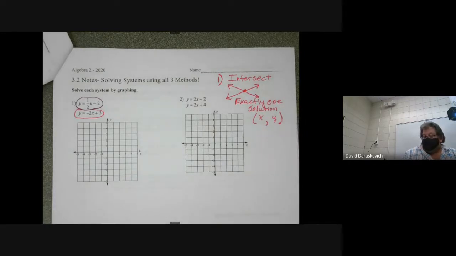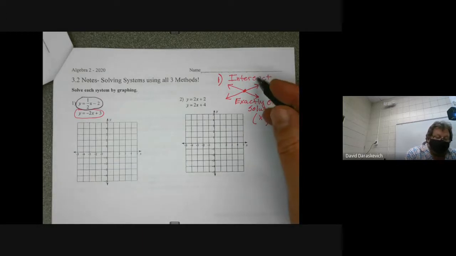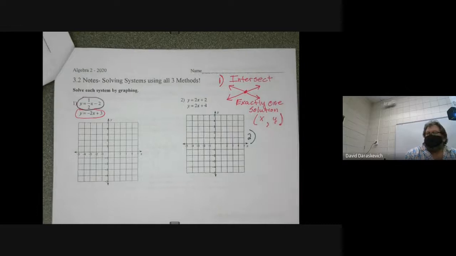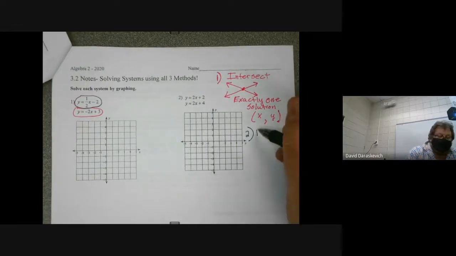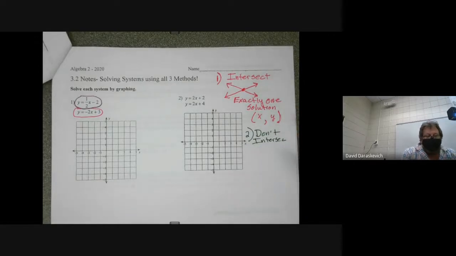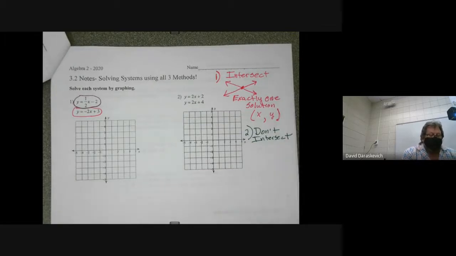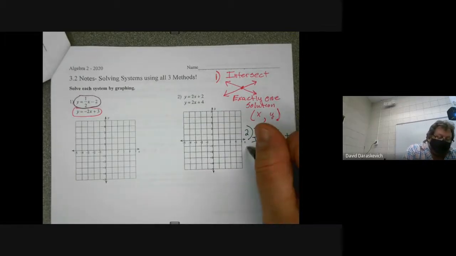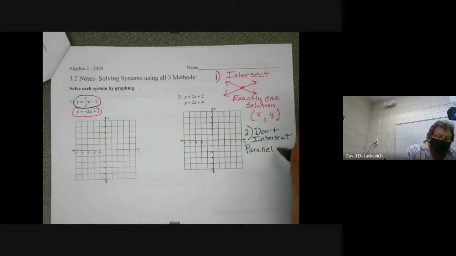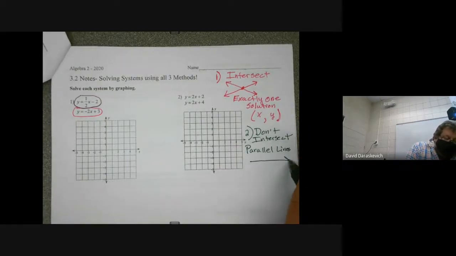Okay. Now, there's a second way. I can have where two lines don't intersect. And if they don't intersect, they're going to be, back to your geometry days, parallel lines. So I'm going to have two lines that don't intersect at all.